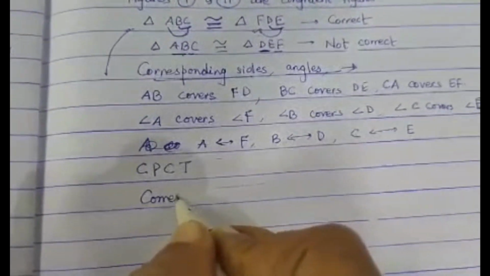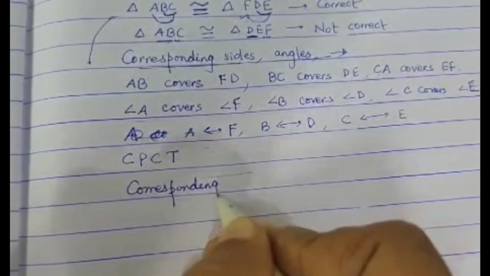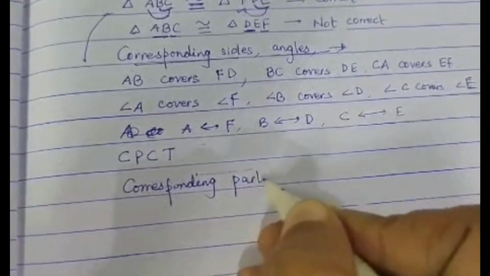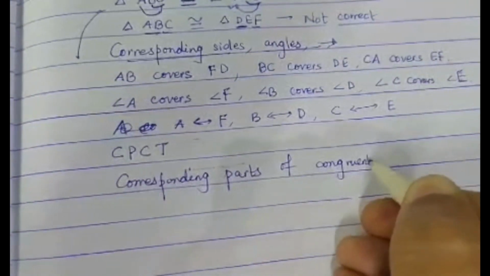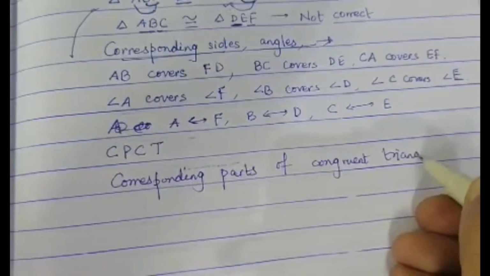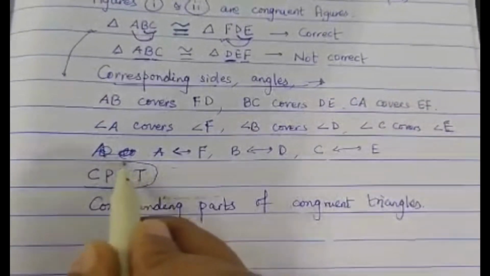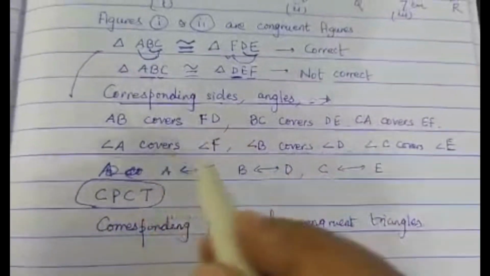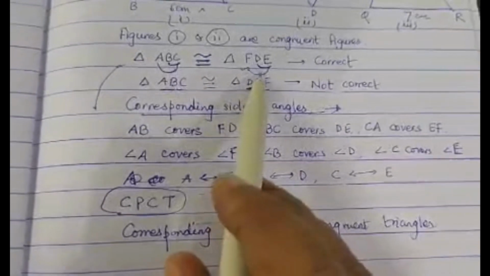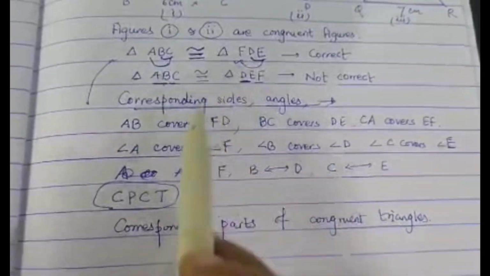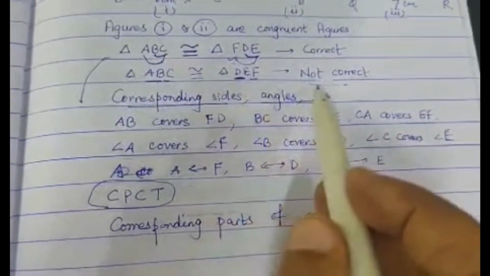CPCT means corresponding parts of congruent triangles. So we have to write correctly the name of the triangle, because otherwise it will not be correct.